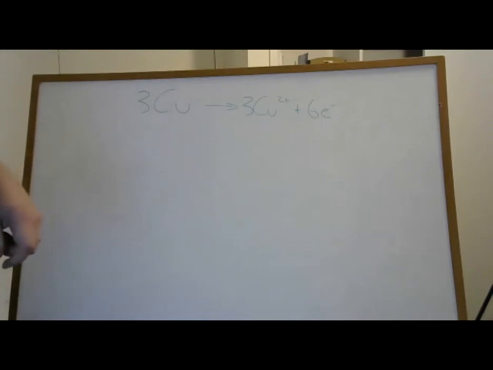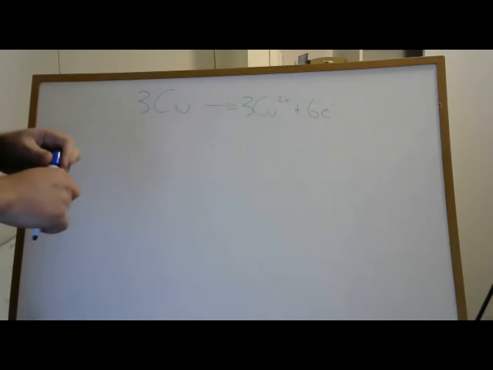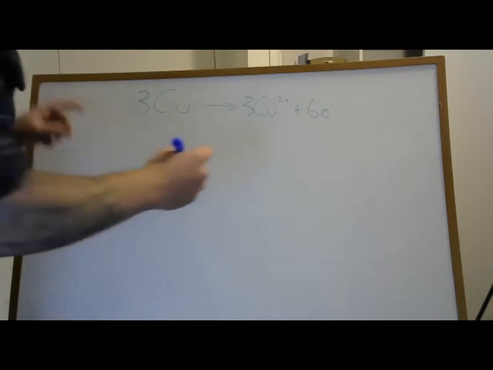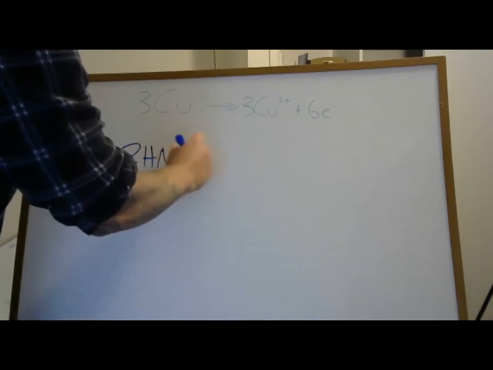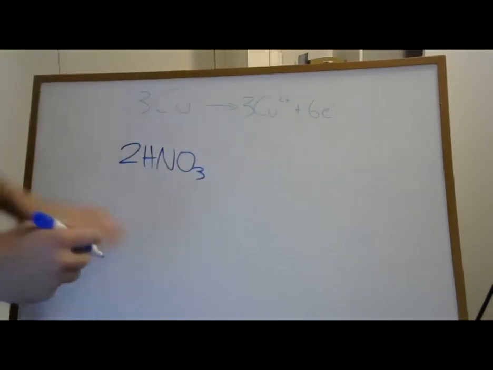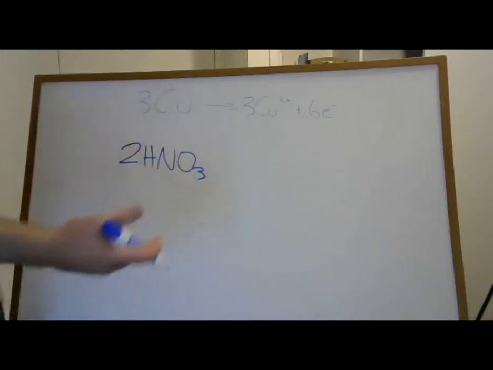The reduction is a bit trickier. So we have 2, because remember, there's 3 electrons, so we have to times everything by 2.